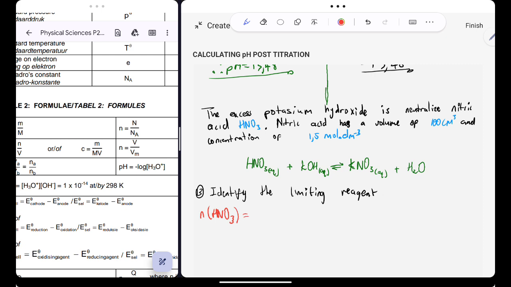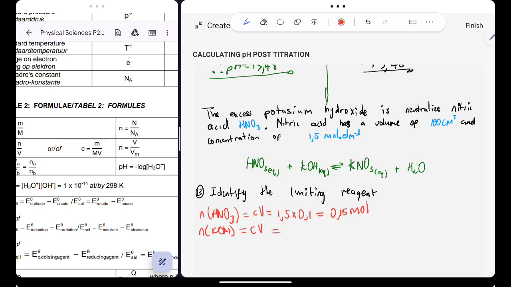I have the concentration and the volume. Concentration multiplied by volume, that's 1.5 multiplied by 0.1, which is 0.15 moles. And then for my base, KOH, concentration multiplied by volume, right?